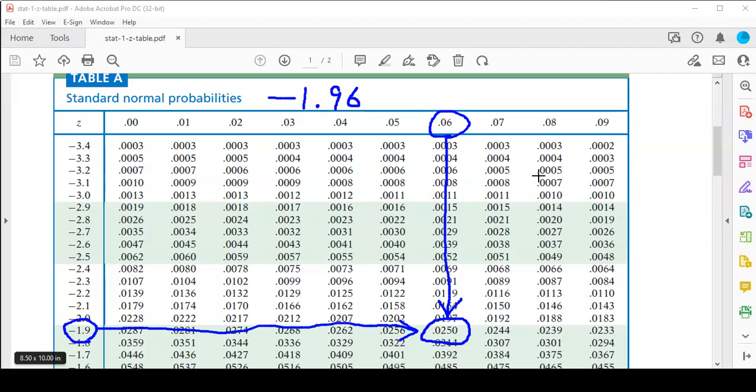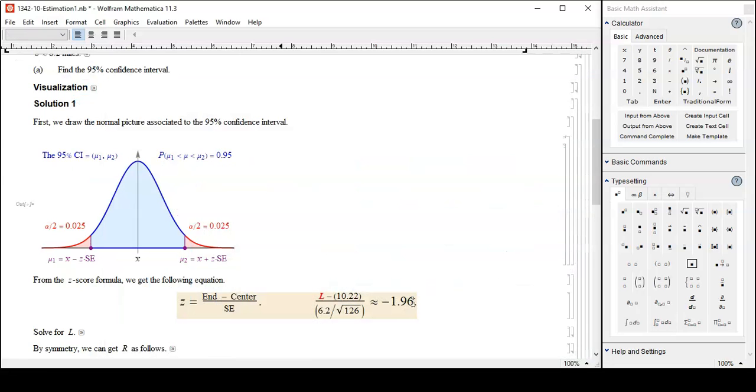You get negative 1.96. That's the z-score associated to this probability, 2.5%. Does it make sense? Okay, let's get out of this drawing mode. And there you go. That's how I got negative 1.96.